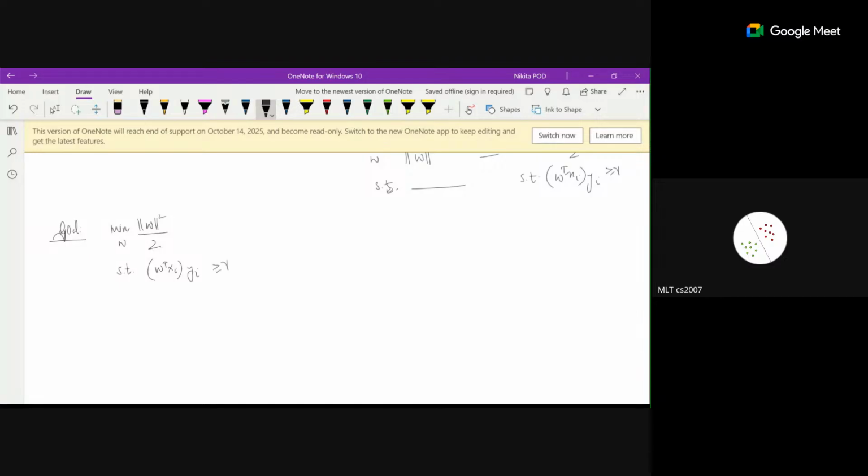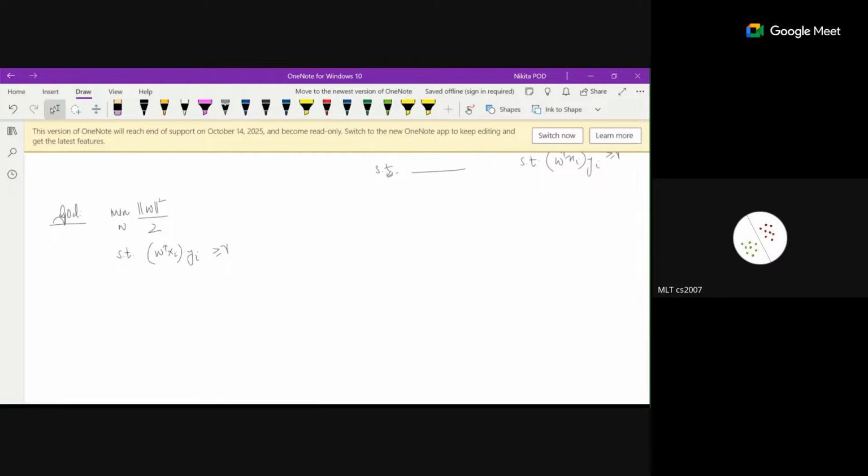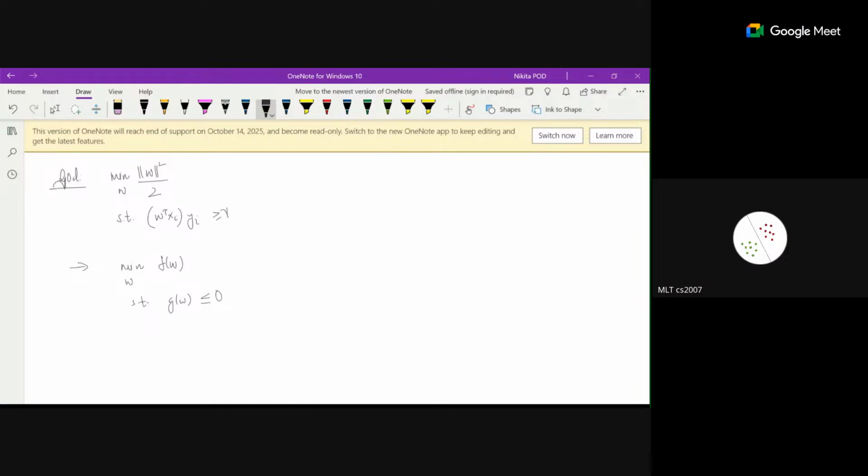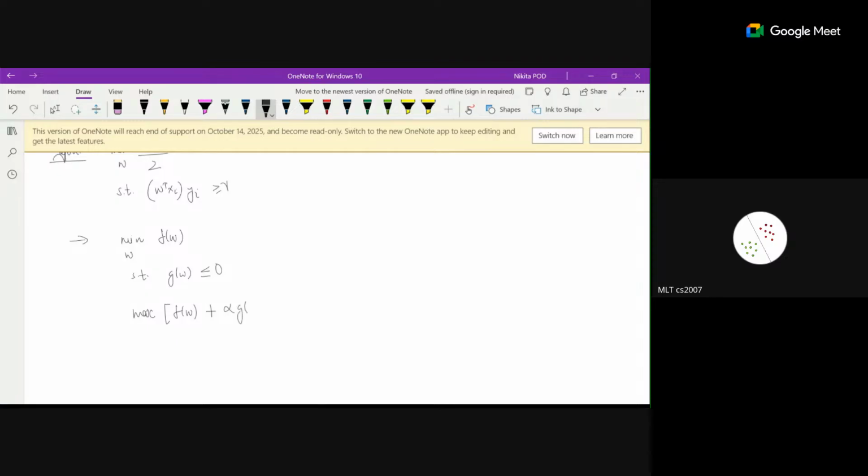Now, if we have an optimization problem, which is minimizing some function f of W subject to a constraint G of W less than or equal to 0, then what we saw is that maximizing f of W plus alpha G of W, which is nothing but the Lagrangian, turns out to be infinity if G of W is greater than 0, and if G of W is less than or equal to 0, this is f of W.